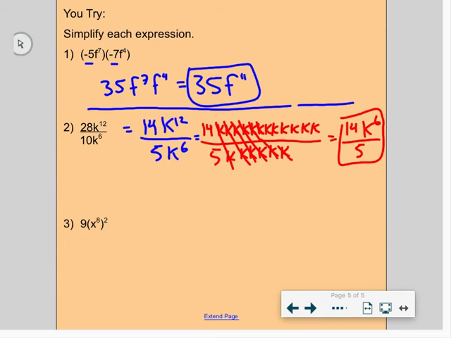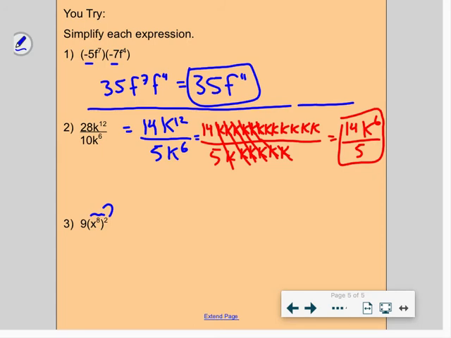Let's take a look at this last one. You've got 9x to the 8th, to the 2nd power. Now, you see this 2nd power right here? This 2nd power tells you to write this out 2 times. Not the 9. The 9's not being written out 2 times.